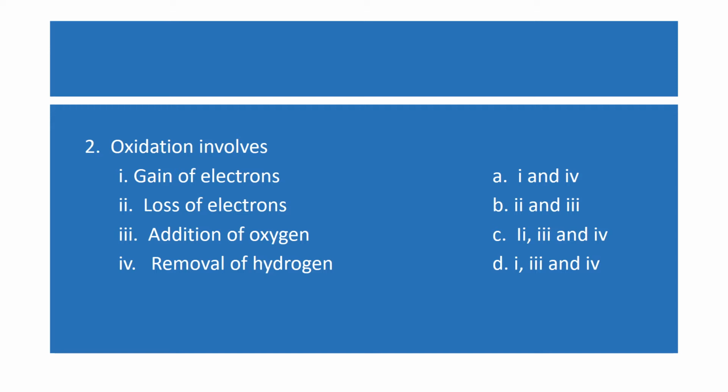And the remaining option is gain of electrons or loss of electrons. You have to see whether these are wrong or correct. Better remember always, when oxidation takes place, it involves loss of electrons, and when reduction takes place, it involves gain of electrons.